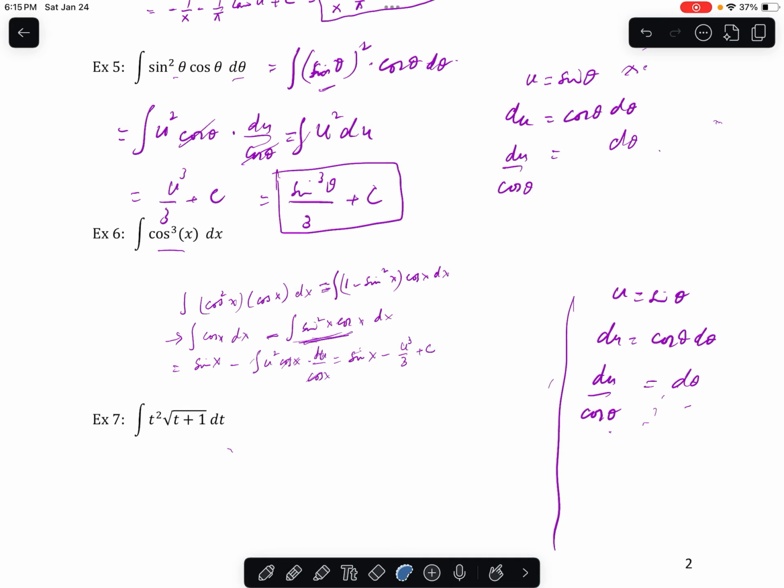The final answer will be sine x minus sine cubed x over 3 plus c.